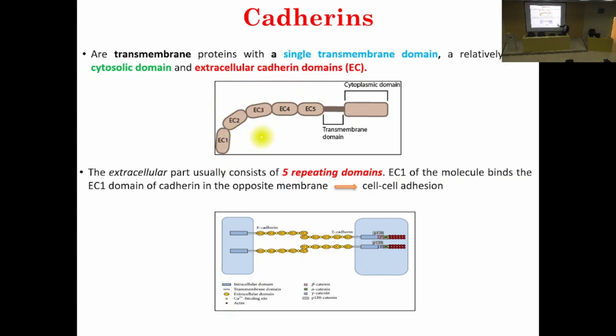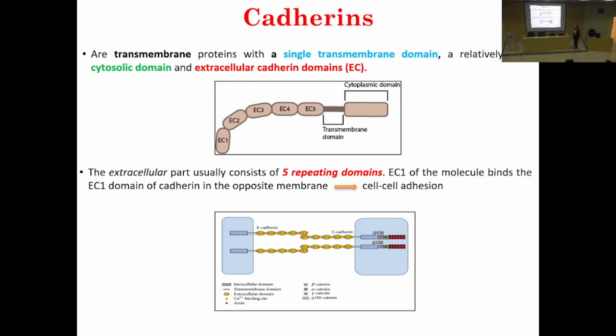As you can see, it is subdivided into extracellular domain 1, 2, 3, 4, and 5, EC1 till EC5. Then I have my transmembrane domain, and then a short cytoplasmic domain.